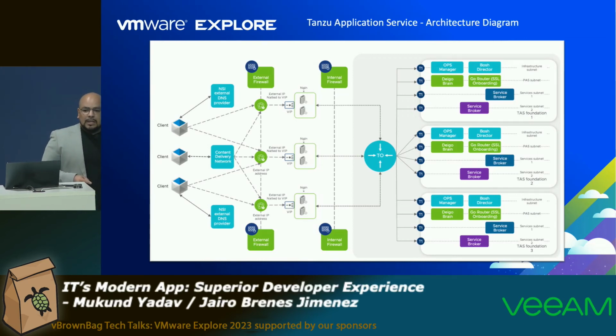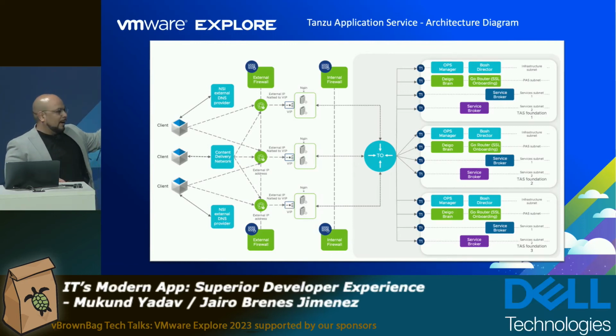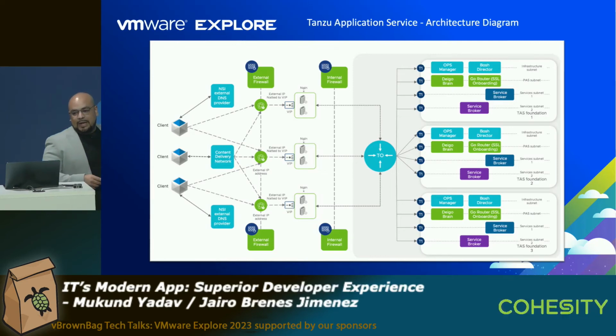Now, Tanzu Application Service. I'm going to be quick here, but just for you to know, the right side of it is basically the vCenter. Let's say we have three foundations: Foundation 1, Foundation 2, Foundation 3. This is inside one vCenter. Each foundation will have a T1 layer. It could be infrastructure subnet, deployment subnet, you name it.